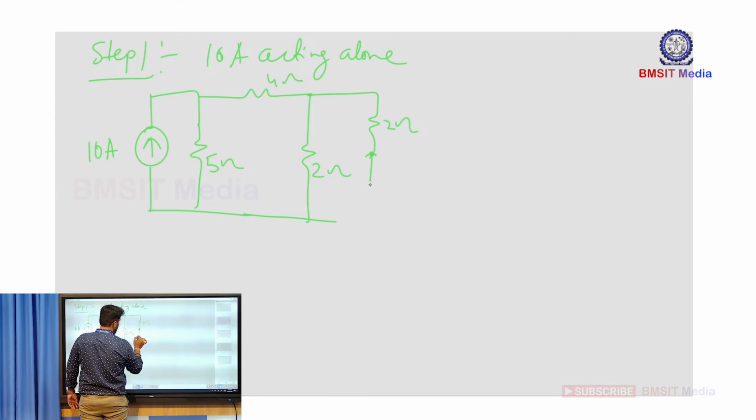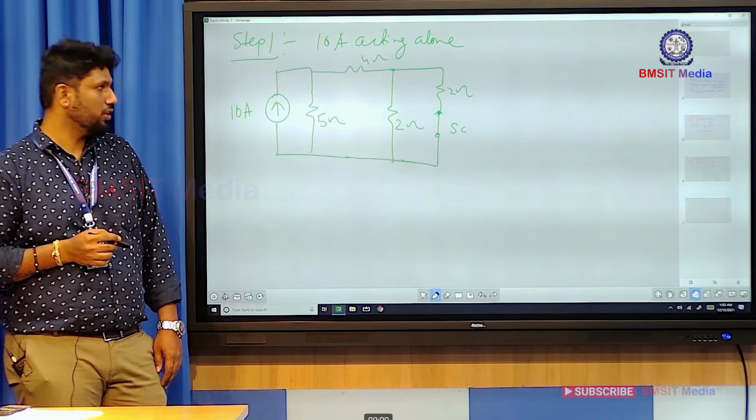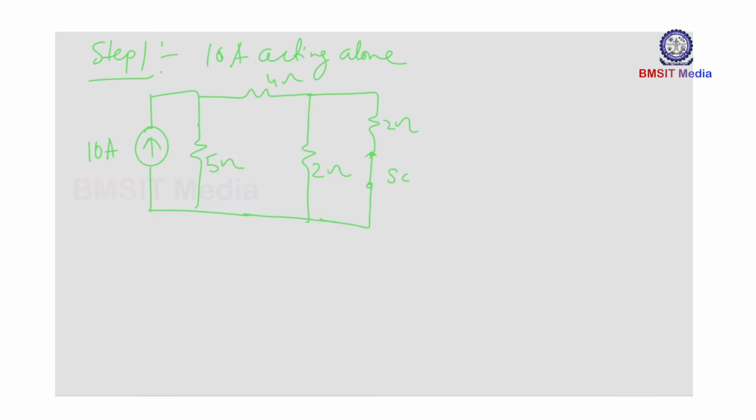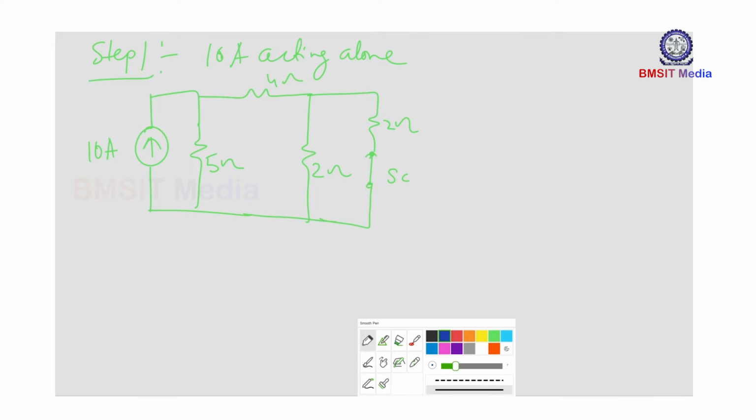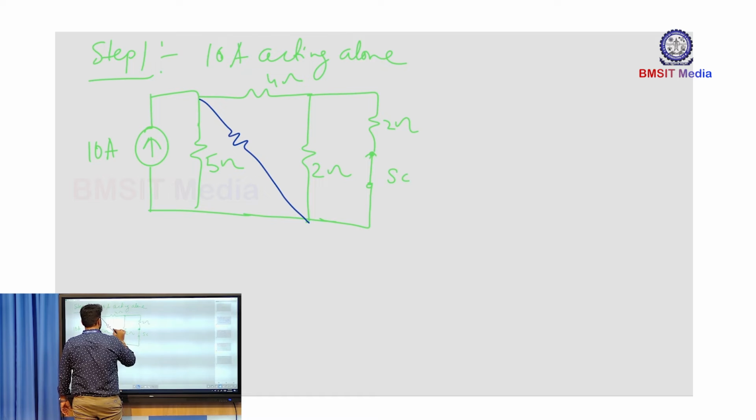The voltage source we are making 0 means considering it a short circuit. All voltage sources are considered short circuits, so you can consider it 0 volt. Now you have your load resistance RL, which is 7.5 ohm.